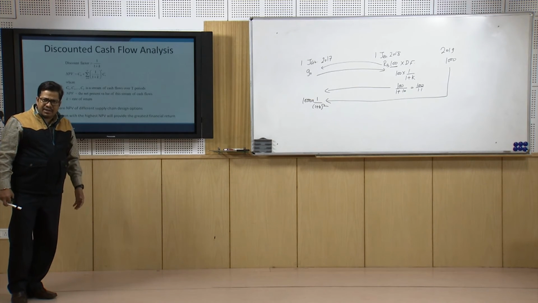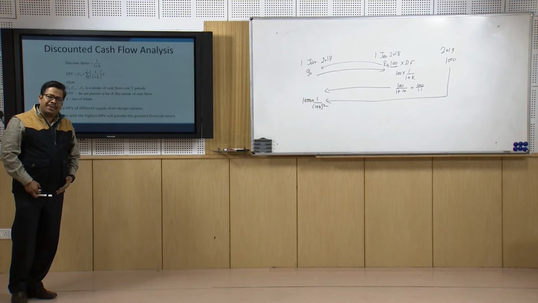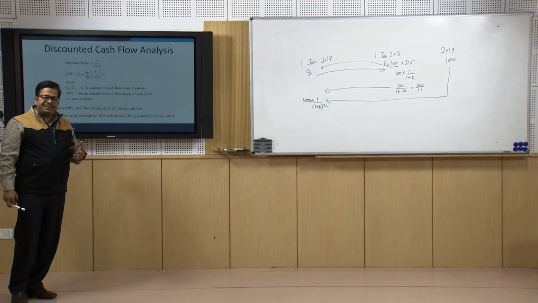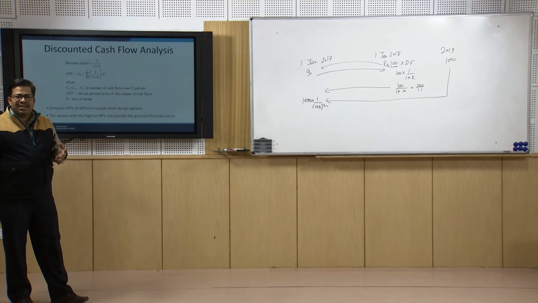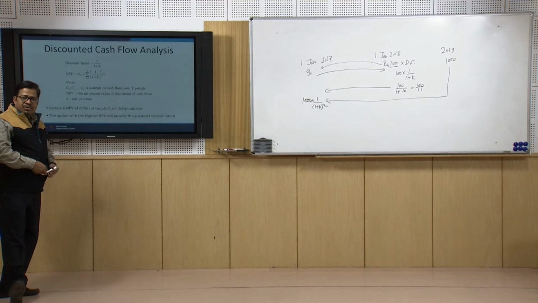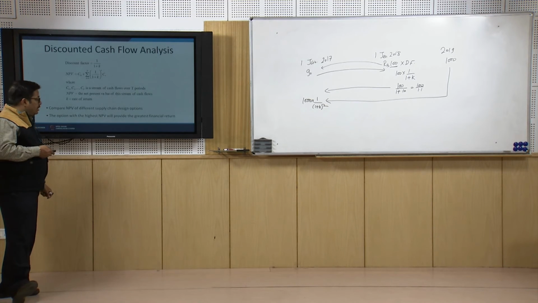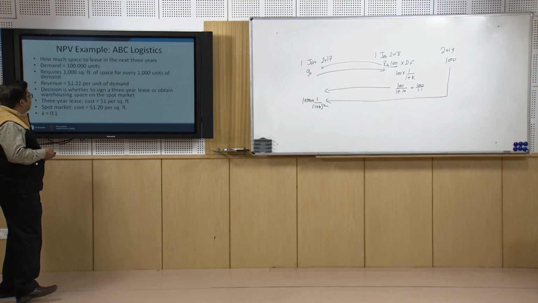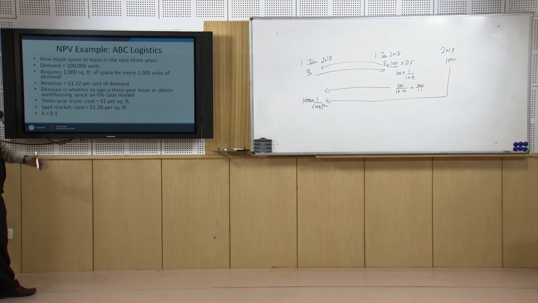Because financial return, or the supply chain surplus, is the objective which we discussed in the very first session, that we want to maximize the supply chain surplus. So we will do this calculation so that my supply chain surplus is increased, and with the help of an example of one company known as ABC Logistics, we will see the use of this NPV method.